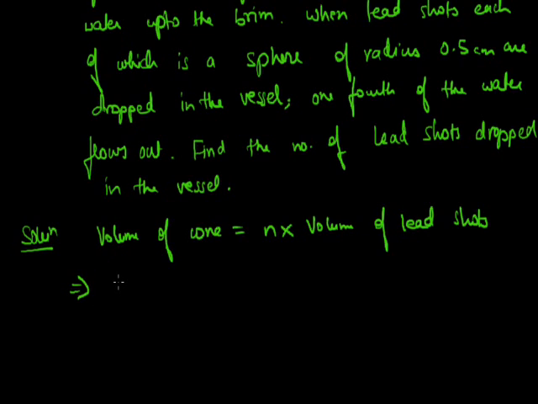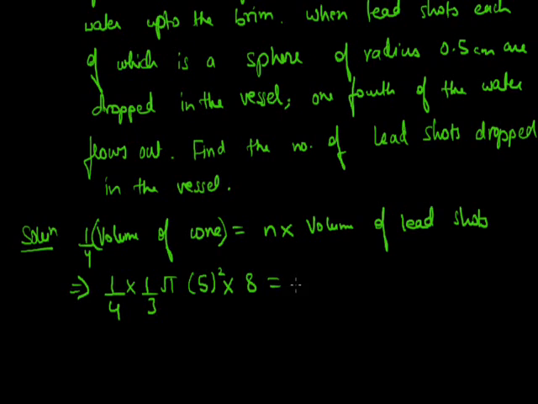We need to understand this thing, that we take one fourth of the volume of the cone, because only one fourth of the water flows out. The volume of the cone is 1 by 3 pi r square h. The radius of the cone is given as 5 centimeters, so pi r square into h, and h is given as 8.